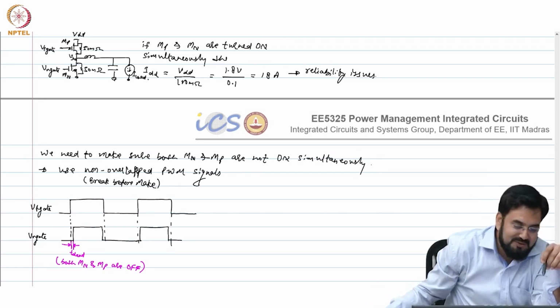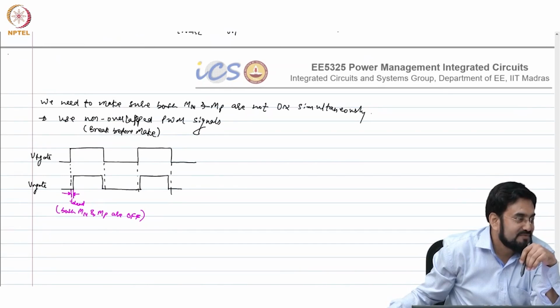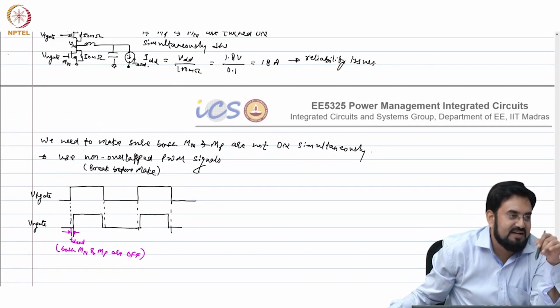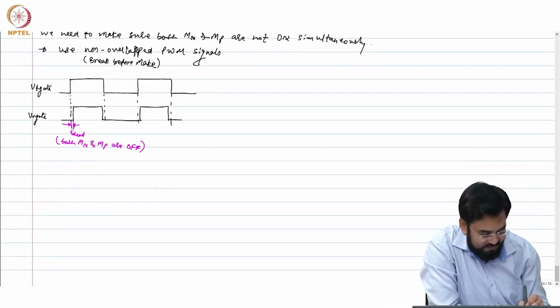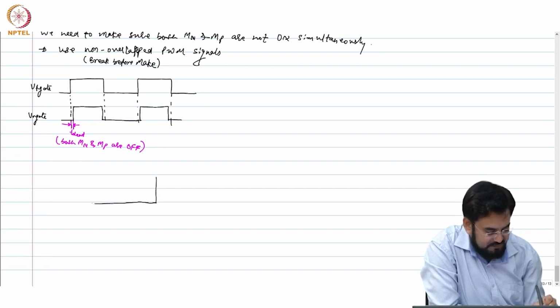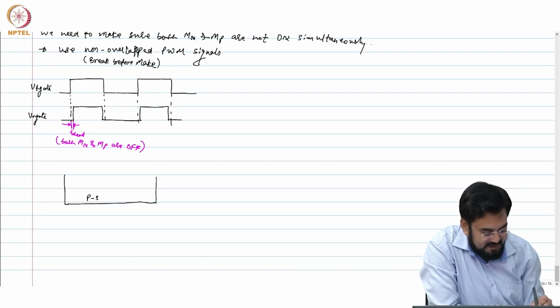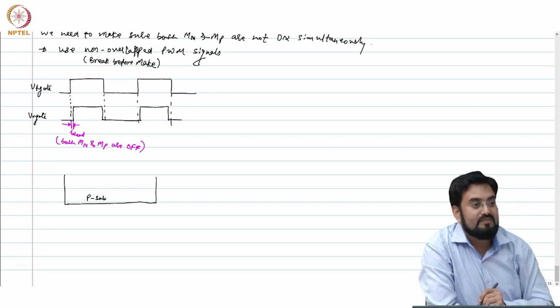No, it will flow through the diode. There is a diode here, a hidden diode, the body diode. I'll show you. So this is your substrate, P substrate, correct?